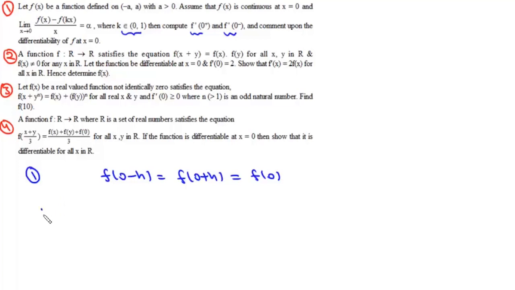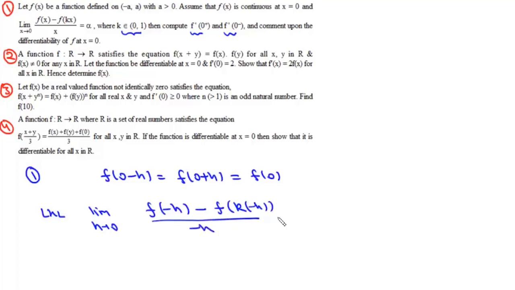Now if we take its left hand limit, it will be the limit h tends to 0 of f minus h minus f k into minus h upon minus h, and this value will be alpha. Now we'll subtract f 0 and add f 0.